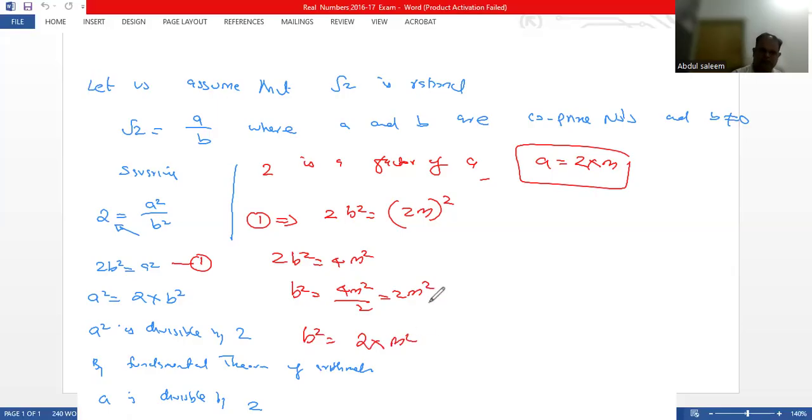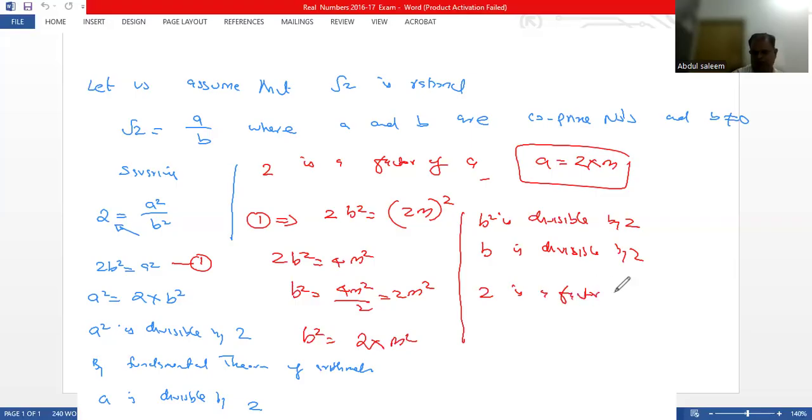What can you say? b square is divisible by 2. If b square is divisible by 2, by the same theorem, b is also divisible by 2. If b is divisible by 2, 2 is a factor of b.